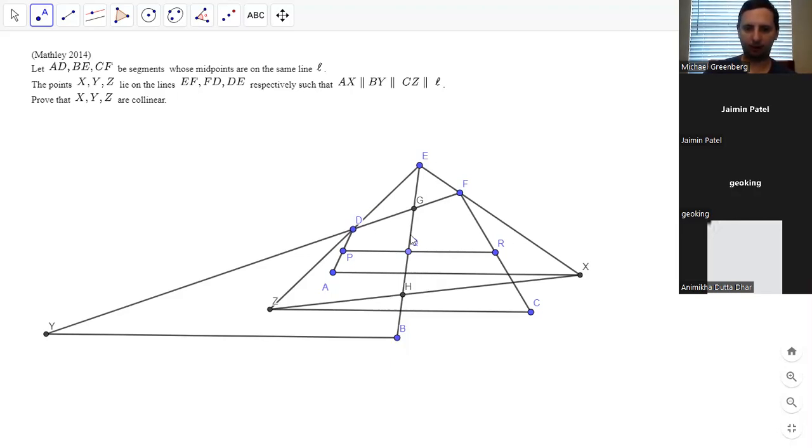So yeah, for example, let's say I did this. So XZ meets BE at H. Can I calculate some cross ratio here between these points?